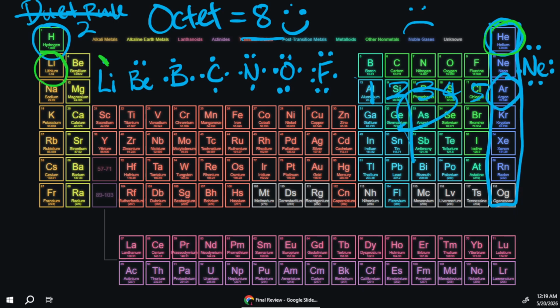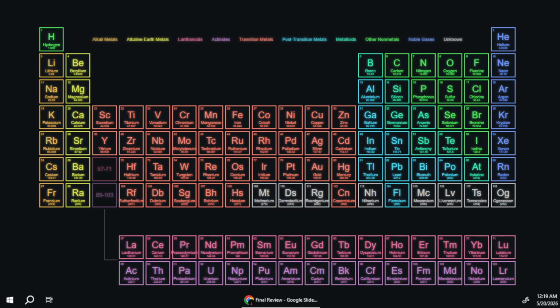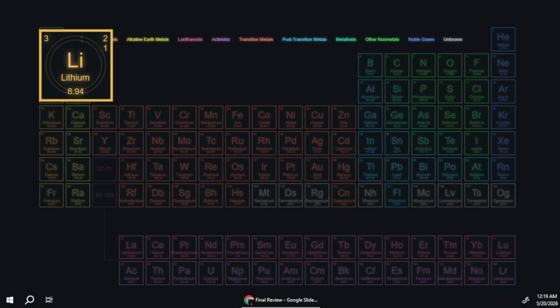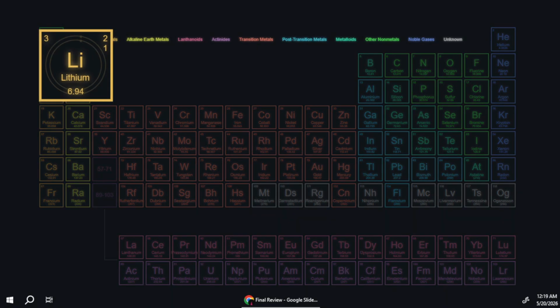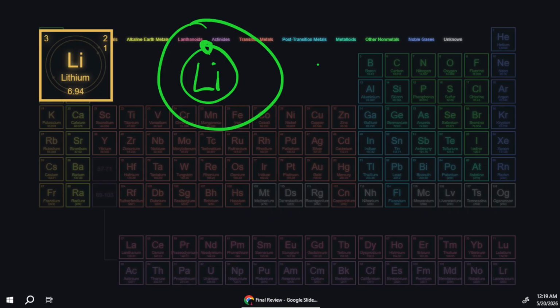By losing that 1 valence electron, it will be happy. Lithium has 2 rings, Li, 1, 2. Instead of having 2 rings with 1 valence electron, lithium will get rid of that electron, and this whole energy level is gone.